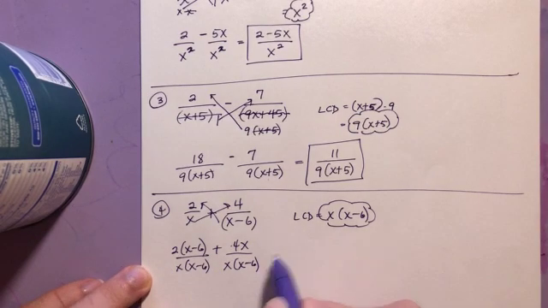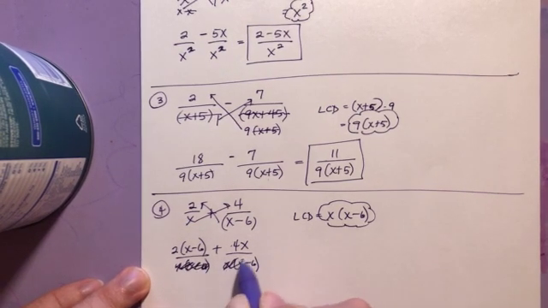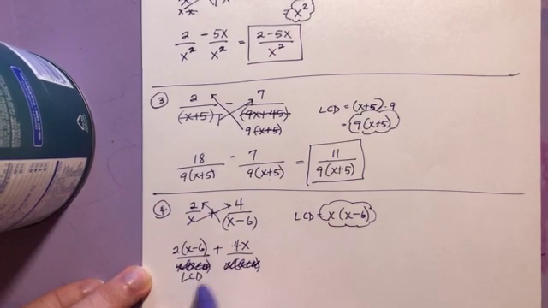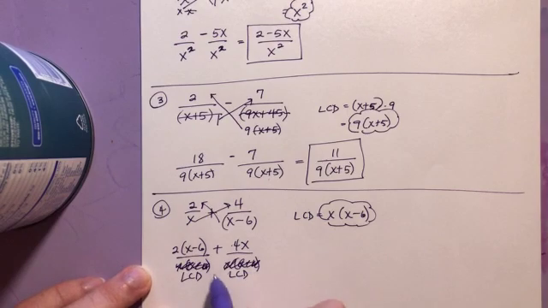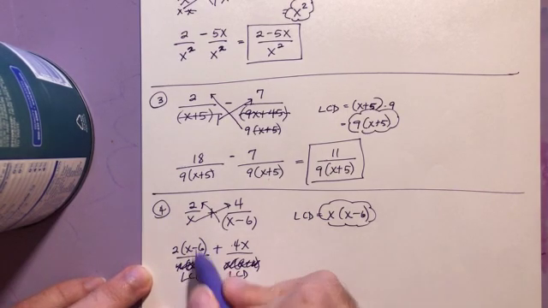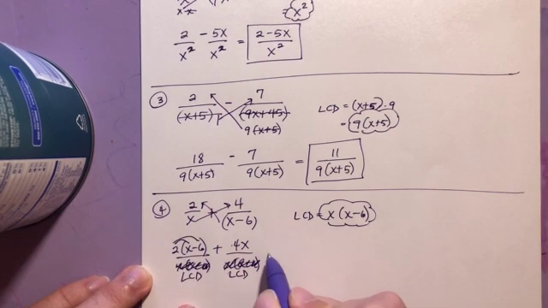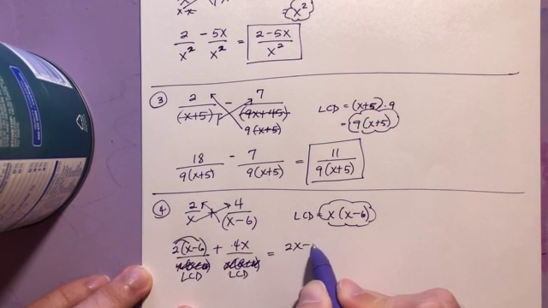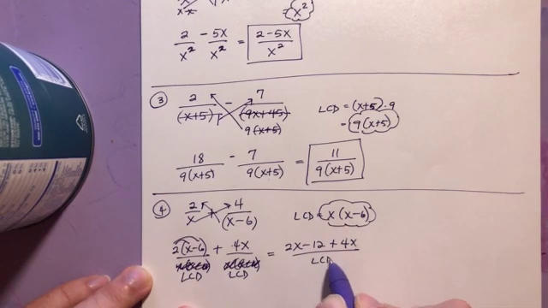Instead, just imagine, if you want to, instead of these two things, write LCD. And that refers to this, but it doesn't make you feel like canceling out the x minus 6's when you shouldn't. What you should do is distribute. So 2x minus 12, and then plus 4x all over the LCD.